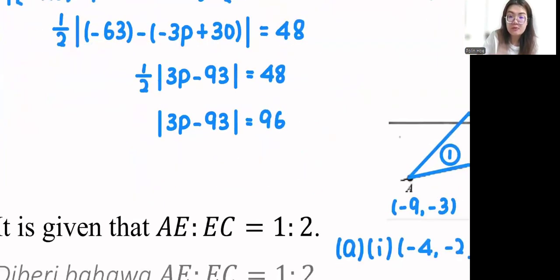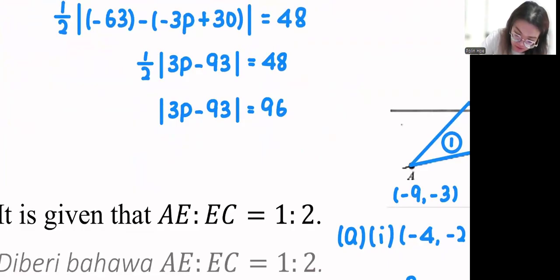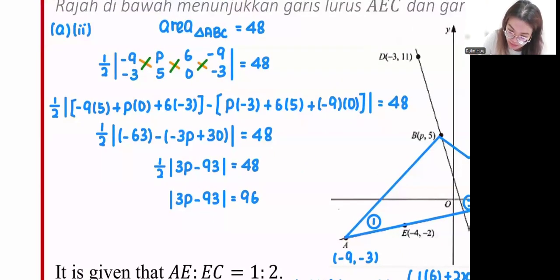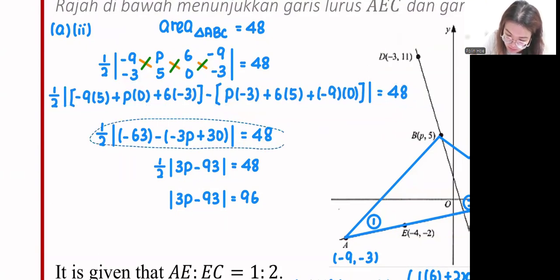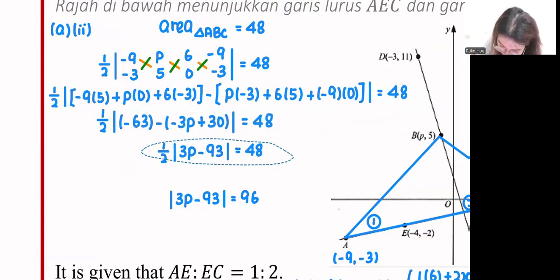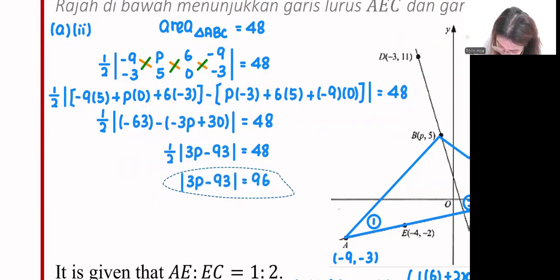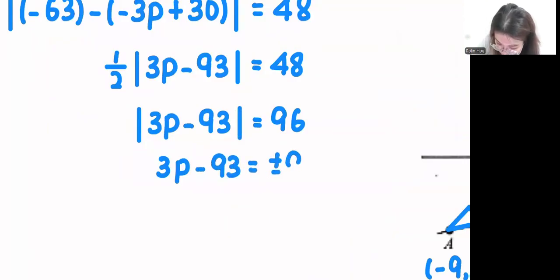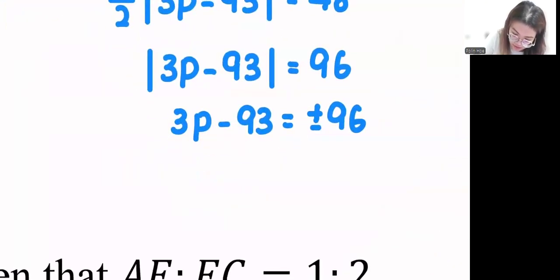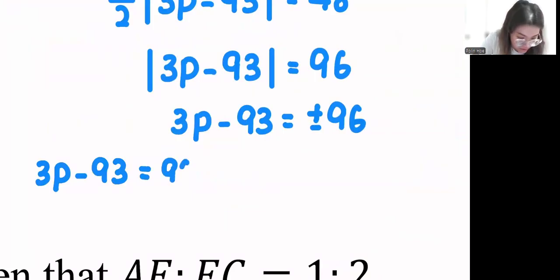Next, when I open out the modulus, I should get 2 parts. 3p minus 93 equals to plus minus 96. So, two cases. 3p minus 93 equals to 96. And you get what is your p.